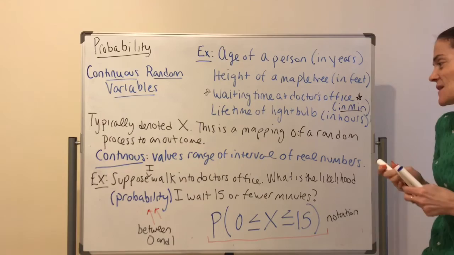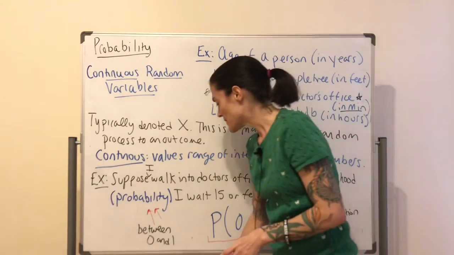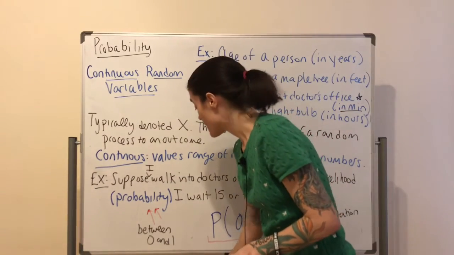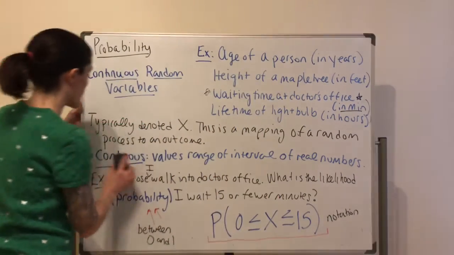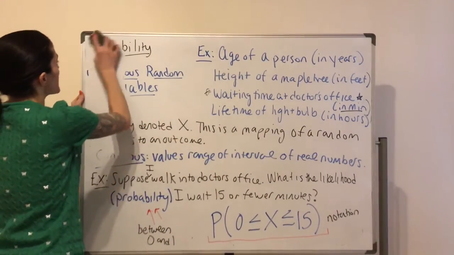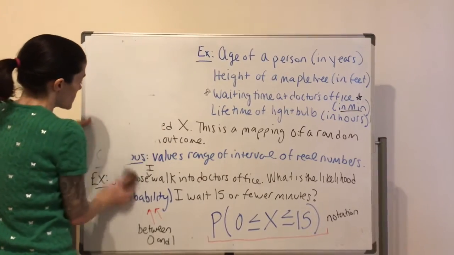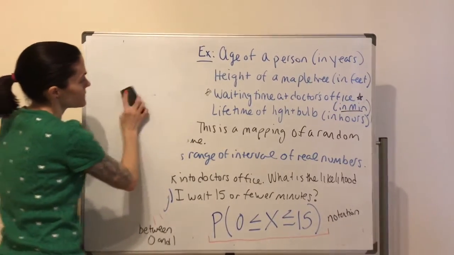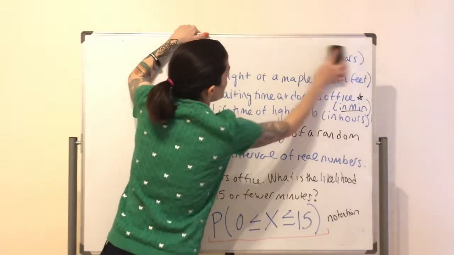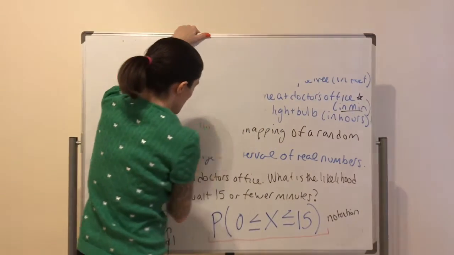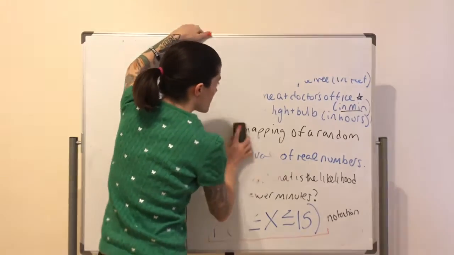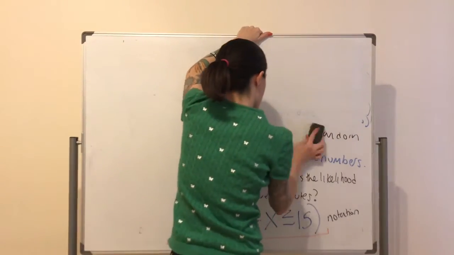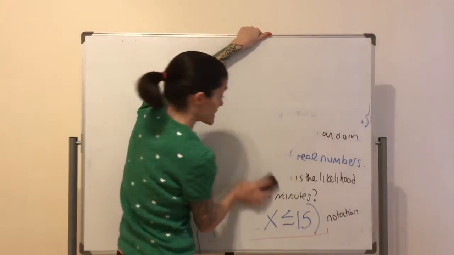Okay, so now we have a little bit of understanding of what we're calculating. We're only working with continuous random variables, capital X. So let me now define what a probability density function is. And then we will do some examples.